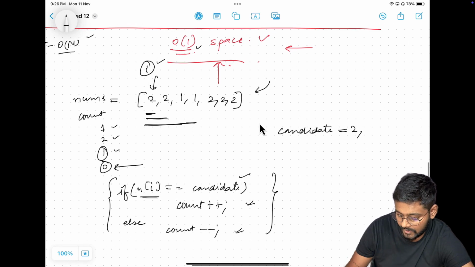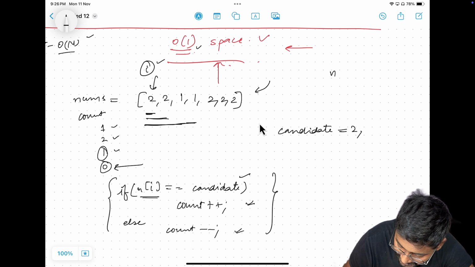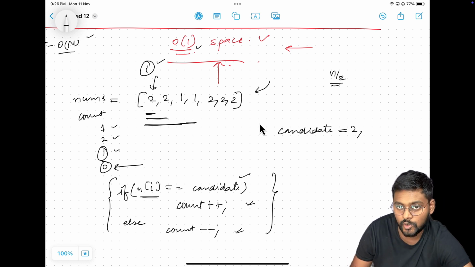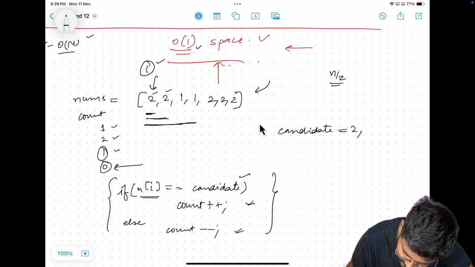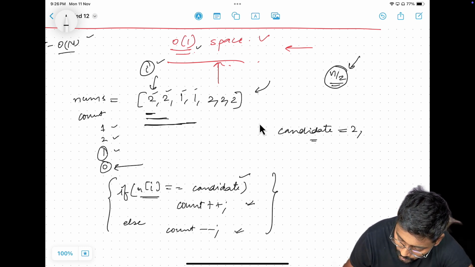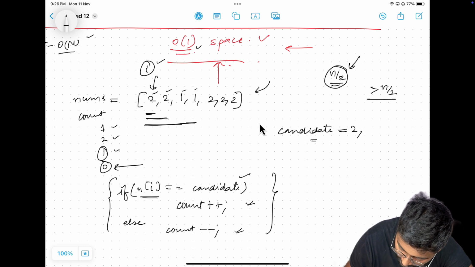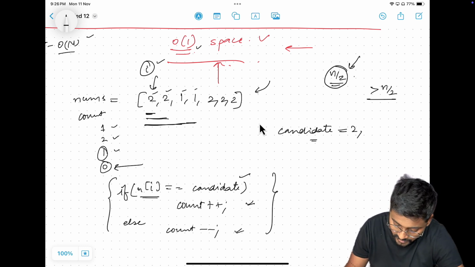When the count is 0, it means that this element is occurring exactly n by 2 times in this subarray, because +1 +1 -1 -1. But our candidate should always be greater than n by 2, not equal to n by 2. It means that our candidate is not fulfilling our condition.